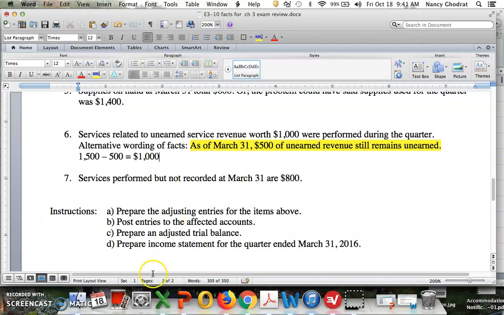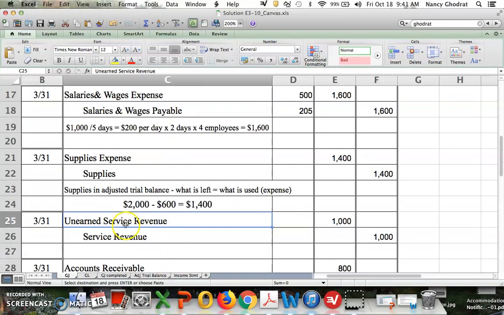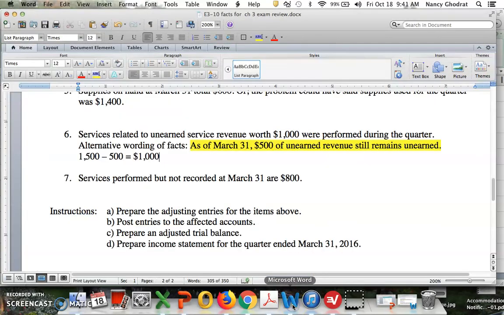So the $1,000 becomes your adjusting entry: unearned service revenue 1,000, service revenue 1,000. So the same facts, the same adjusting entry amount, can be given in two different wordings, and you could come up with the same adjusting entry.